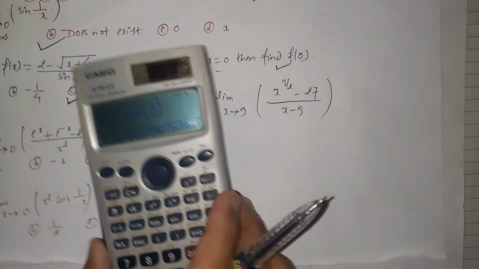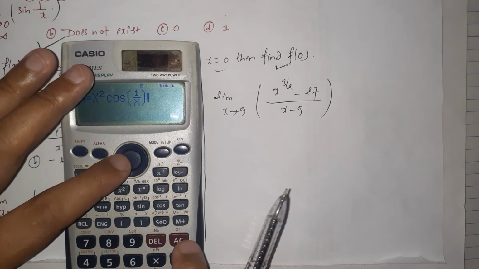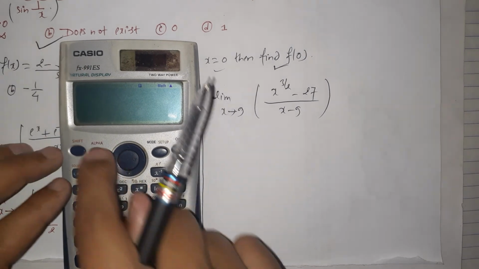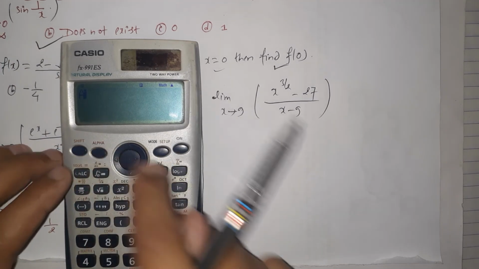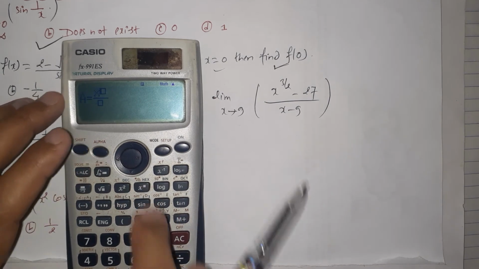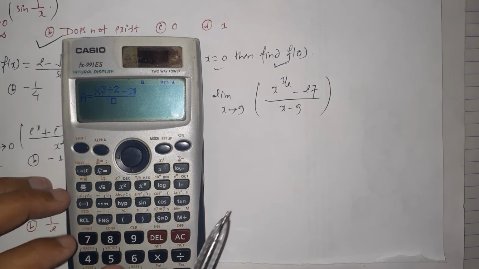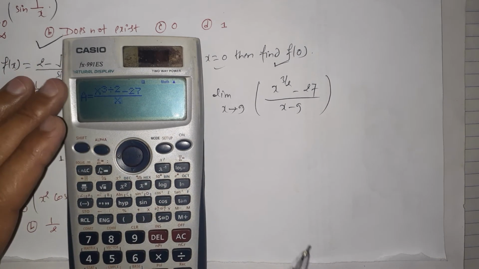First of all, let's type this function on the calculator. Let's name the function a, equals, here let's type x to the power 3 over 2 minus 27 over x minus 9.